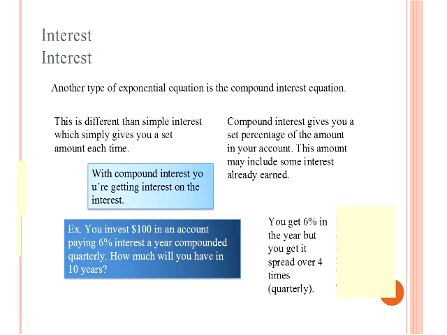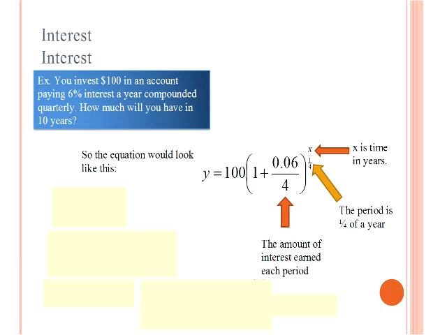So we're going to get 6% a year, but it's going to be done 4 times. And so we're really going to get 1.5% each time. And so that will show up in our equation. Here we have our initial amount of 100. Here's the interest rate we get, and we get this every quarter of the year.